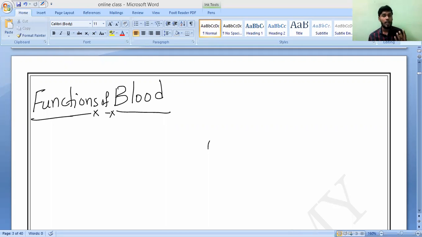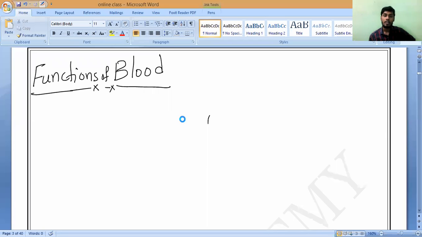If we take our blood, how many main functions do we have? Three main functions in the human body. The first one is transport. Transport of what?